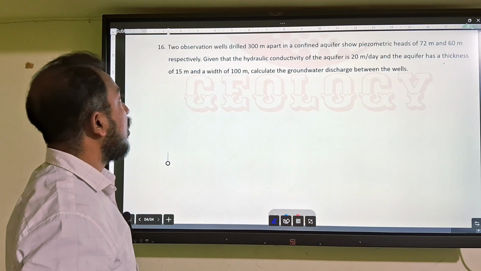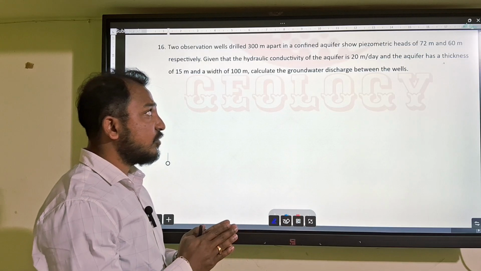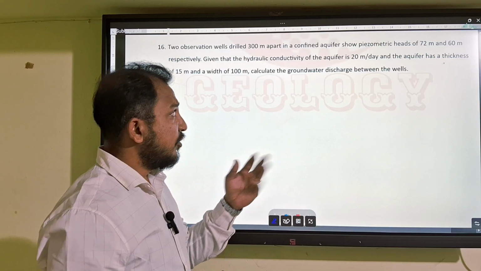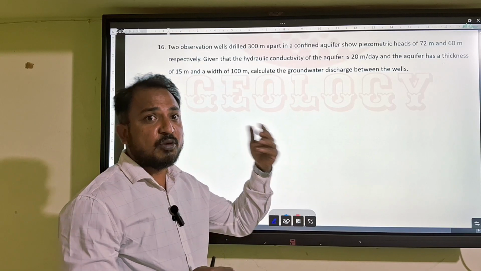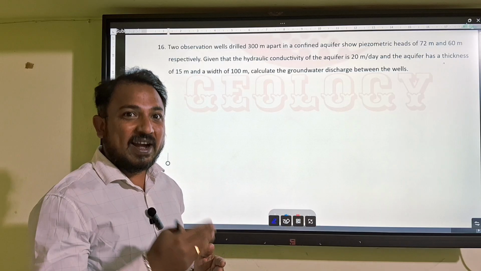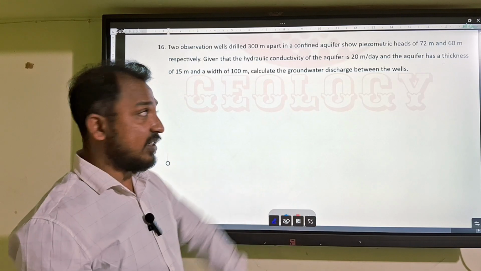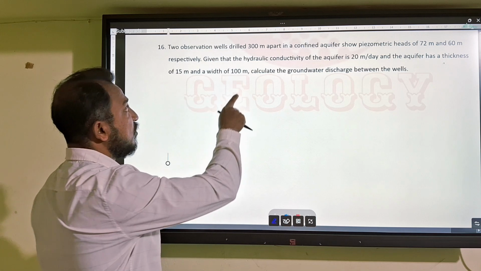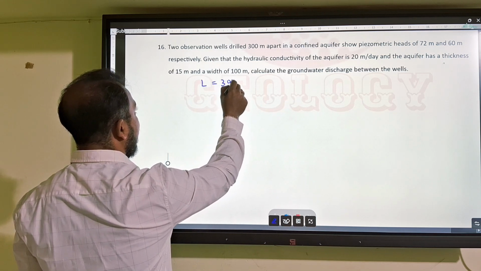Next, two observation wells drilled 300 meter apart in a confined aquifer show a piezometric head. If you encounter piezometric head or pressure head, that also indicates the hydraulic head or head difference. So piezometric heads are 72 meter and 60 meter. Two observation wells are 300 meter apart, that means we have L 300 meter.